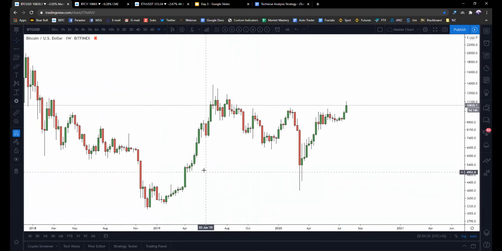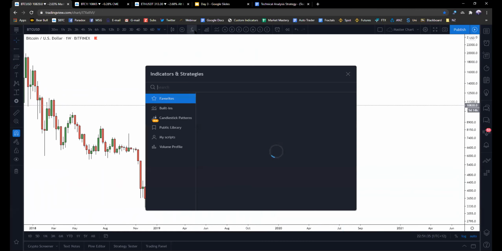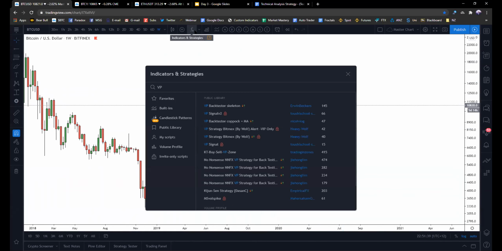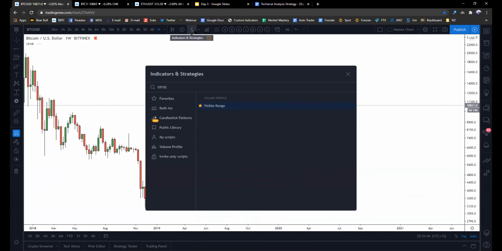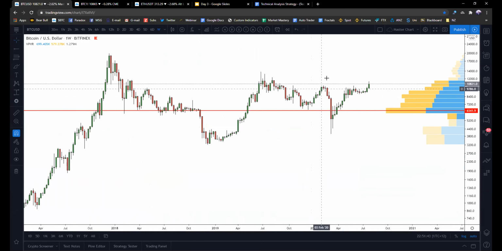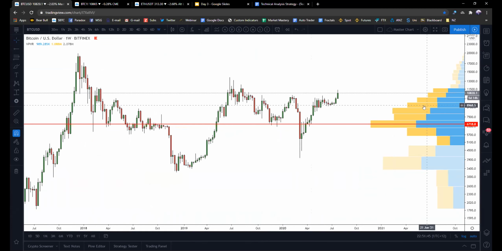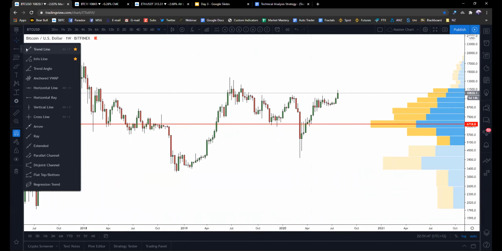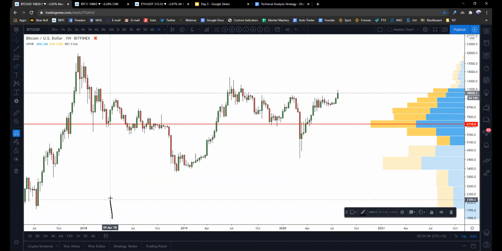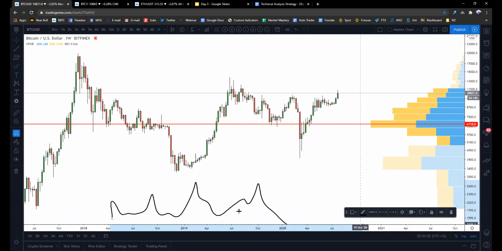I treat them as institutional order blocks because of the indicator VPVR. If you've got this, I won't go into it too much, but this is also another way to help you identify them. VPVR shows you on the right here where volume has been at each price level. Usually you have your volume down here and it goes along below your chart. This is saying the volume at that price level, right?